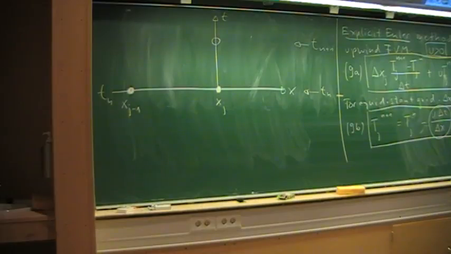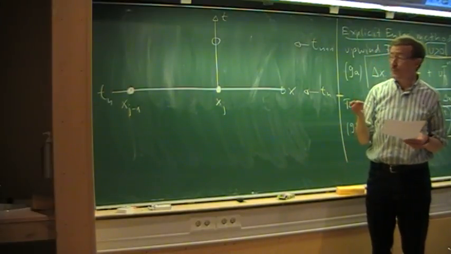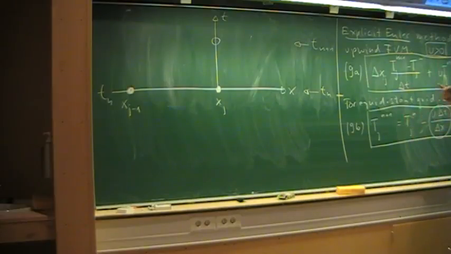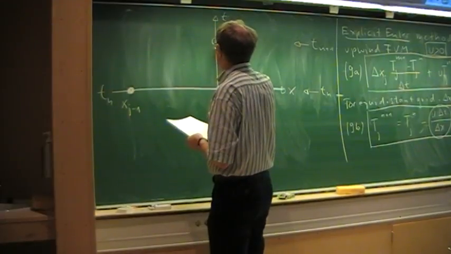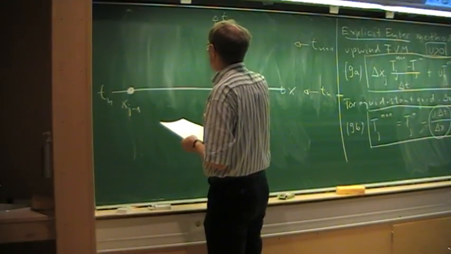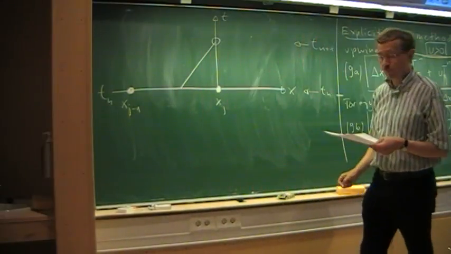So the question is now, what is the solution at xj at the new time level? We know that from the exact solution. We have argued we can solve this linear advection equation by using the characteristics. We simply look where the characteristic curve is going.